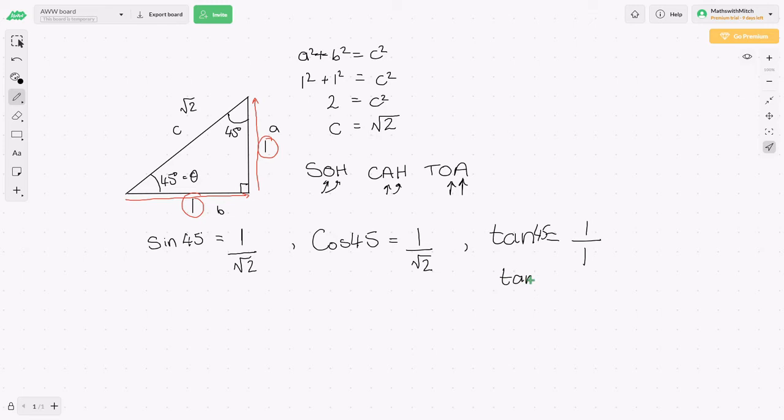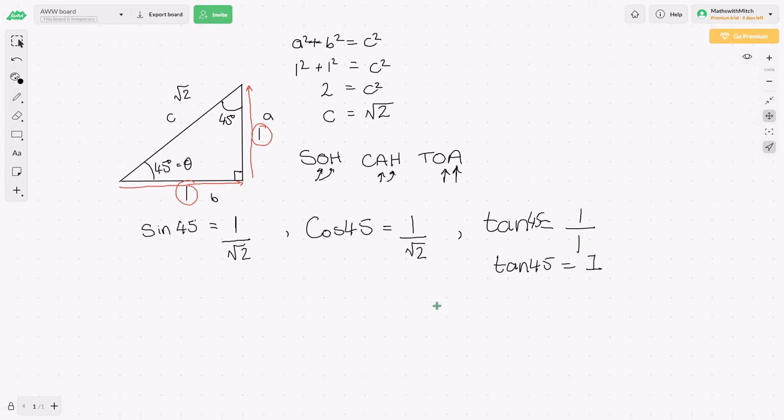Therefore, tan 45 is 1. And again, look at it and think, is that what I expect? It's the ratio of the sine of 45 over cos 45. We know they're both the same value, therefore yes, I expect tan 45 and the ratio between the two to be 1. So that's a special triangle, a 45-degree triangle.